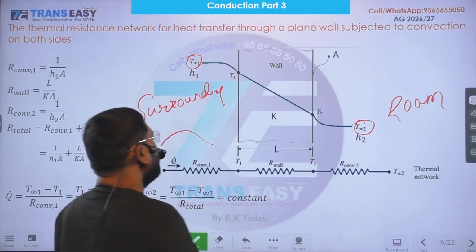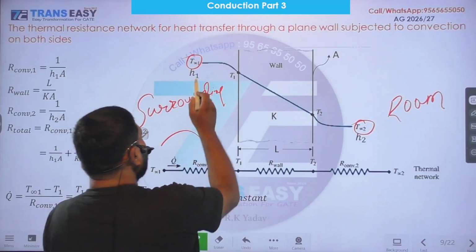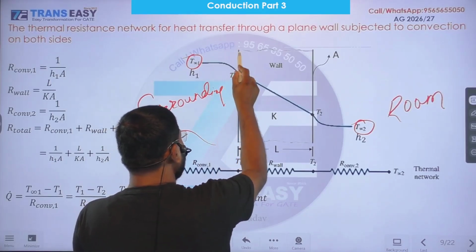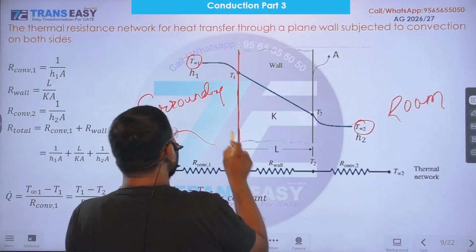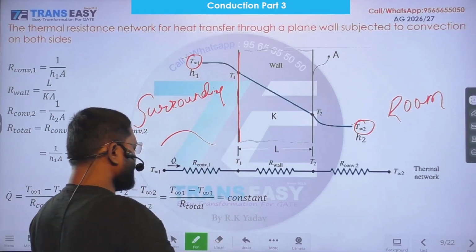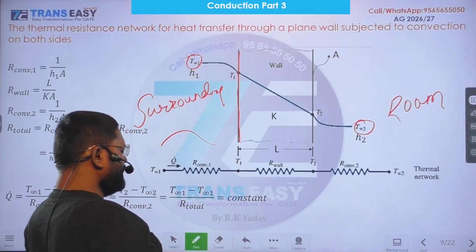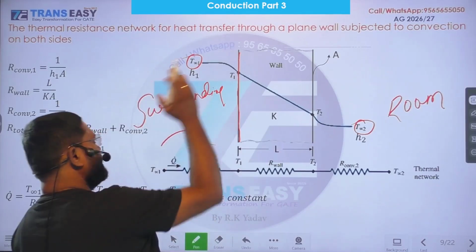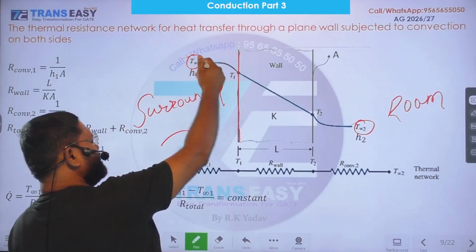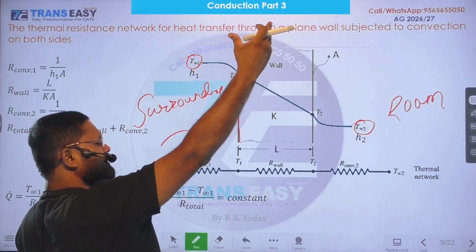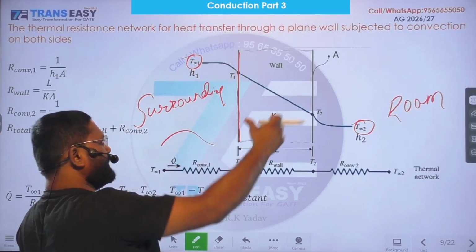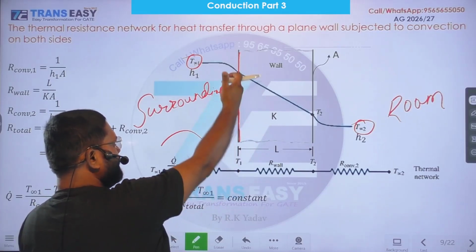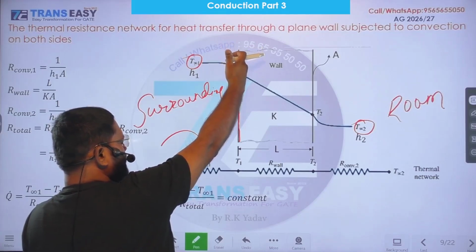Here infinity is showing there is no effect of this surface temperature on the surrounding temperature. We are taking a point far away from the effect of this side. So T infinity 1 is actual temperature of the surrounding, which is away from the effect of this face temperature.